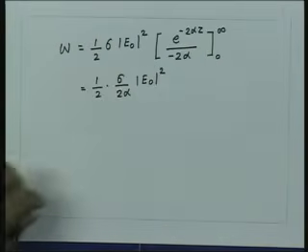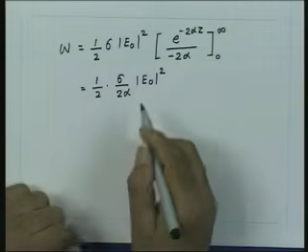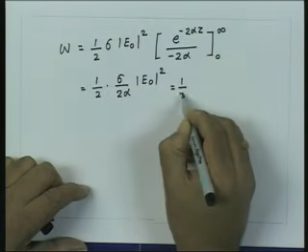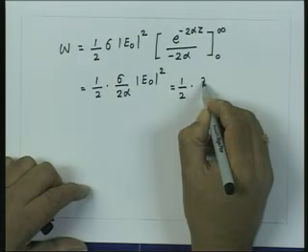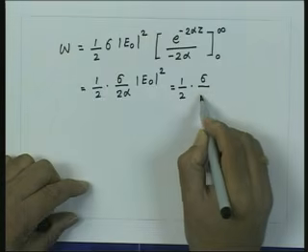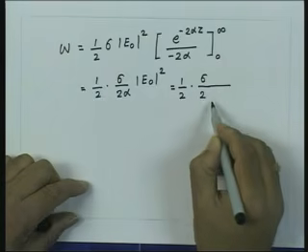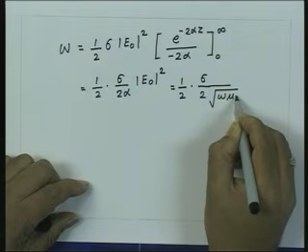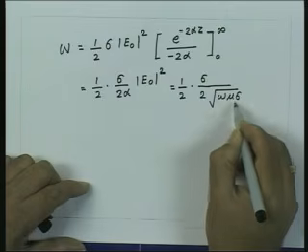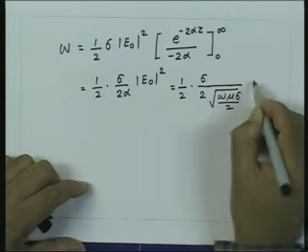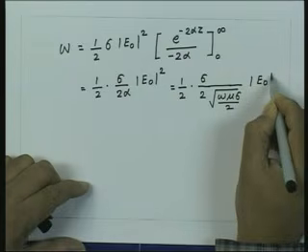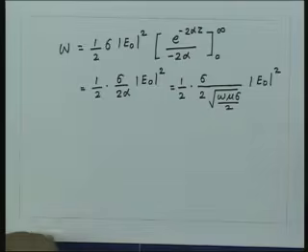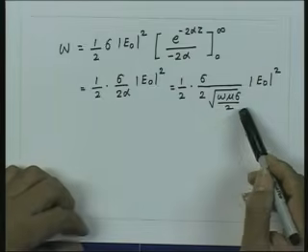I can substitute in terms of alpha here, and I will get half sigma upon 2 times the square root of omega mu sigma upon 2, into E naught square, which I can combine.